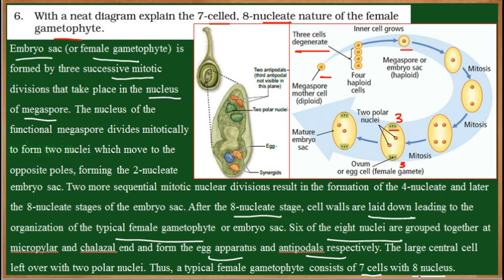So there are 8 nuclei, but the number of cells would be these 3 cells at the chalazal end, 3 cells at the micropylar end, 6 cells, and this cell, the large central cell. So including that there are 7 cells. So a typical female gametophyte will have 7 cells but 8 nuclei.